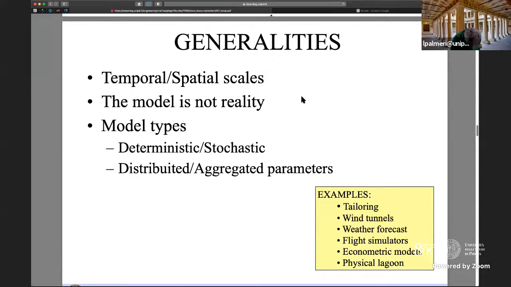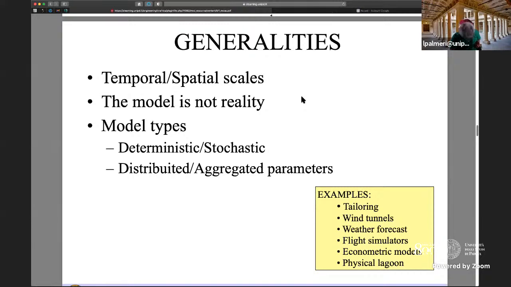For example, tailoring. The models employed for building dresses are a first, very simple example of a physical model. When you go to a tailor, the tailor takes some measures of your body size, length of arms, width, diameters, and so on.